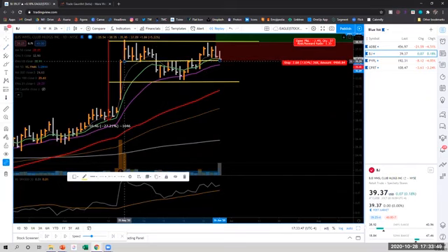So floors can become ceilings, and ceilings can become floors. That happened right here. Where price broke out, this level around 35 and change was acting as a floor. Then it fell below the floor. Then it started acting as a ceiling. Then it broke out. Now it's acting as a floor. So if we break out over here, this floor then should hold.